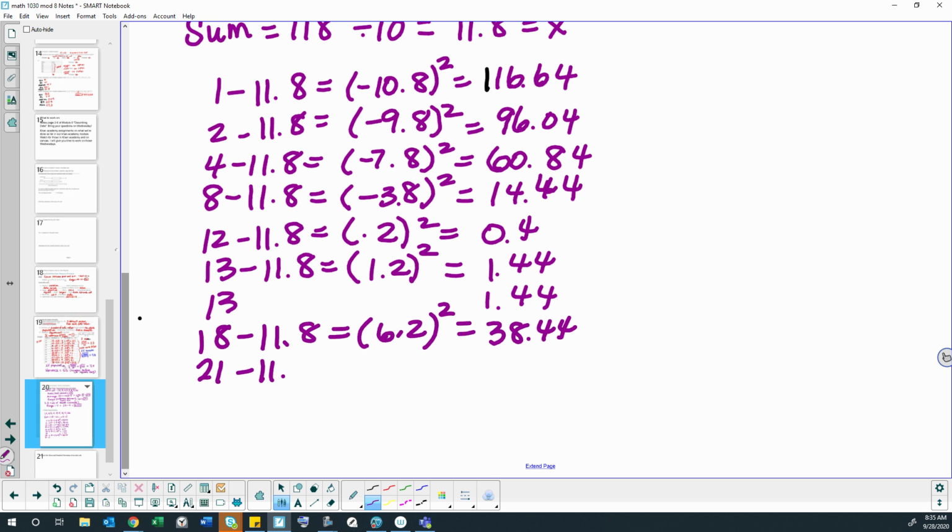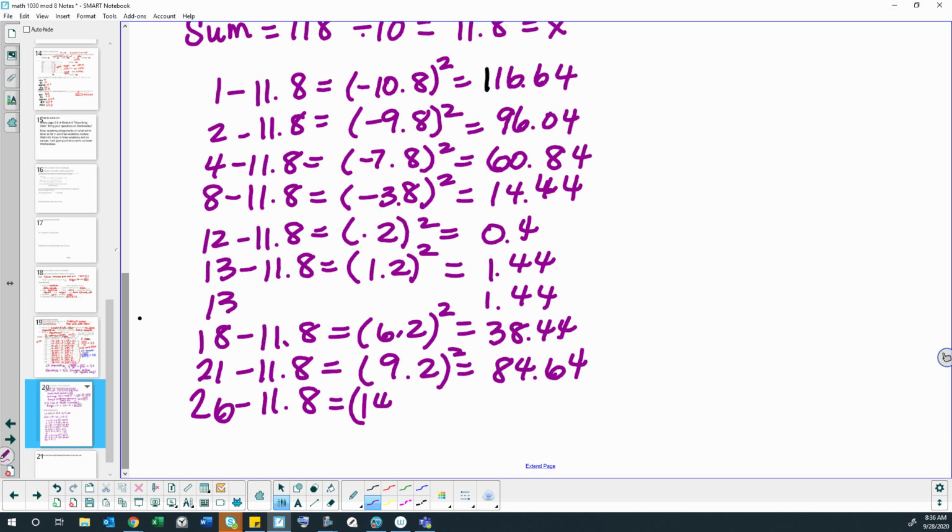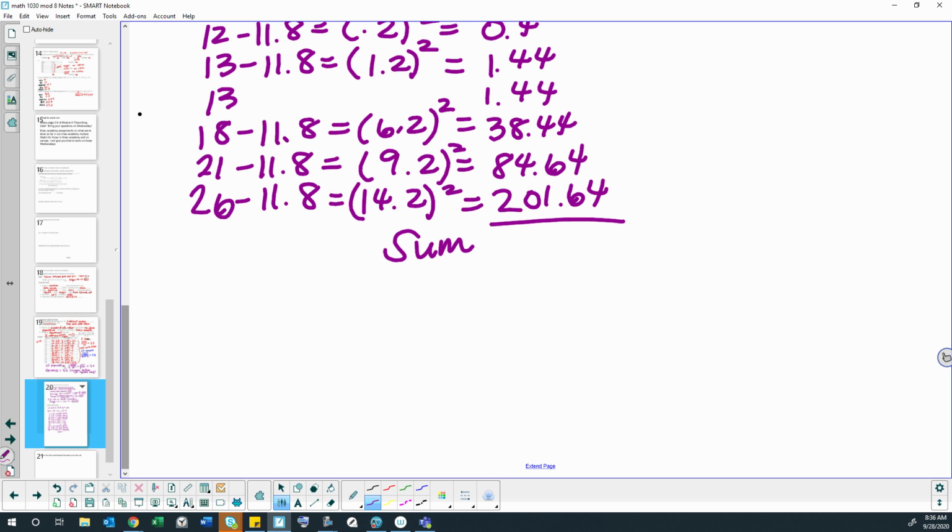And then 21 minus 11.8 is 9.2 squared, which is 84.64. And then 26 minus 11.8 is 14.2 squared, which is 201.64. And then I added those all together, and I got 615.6.